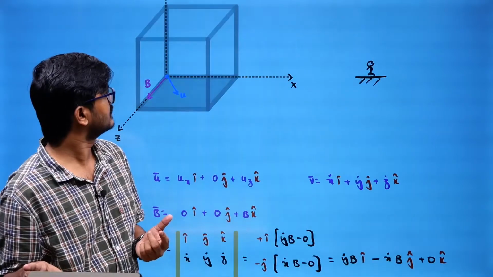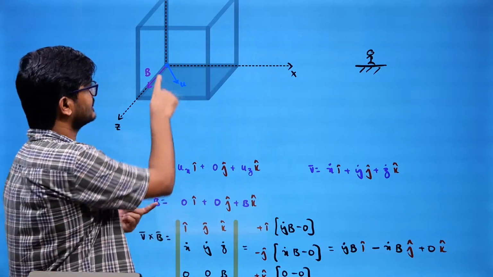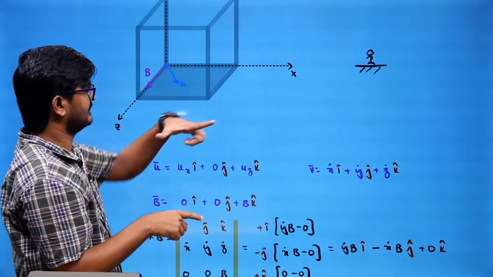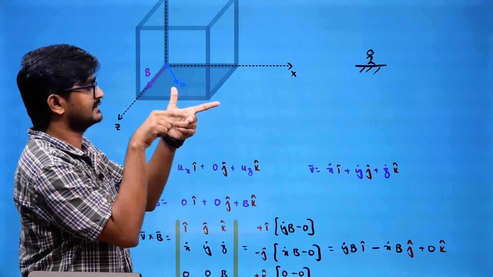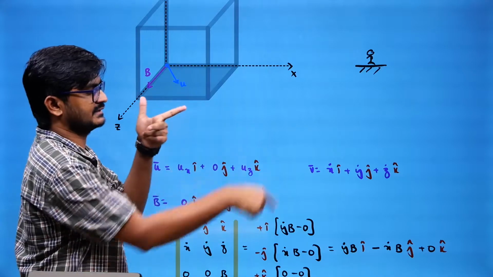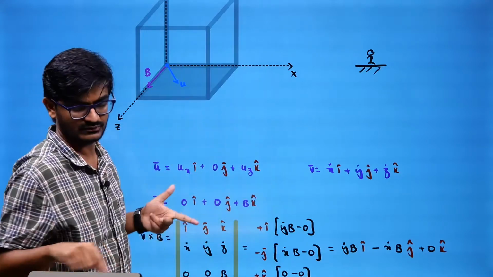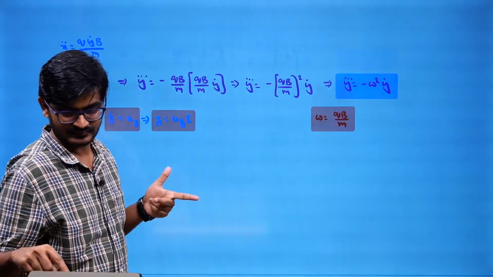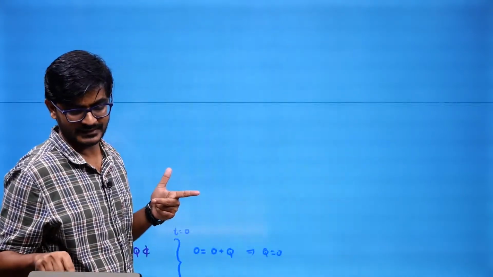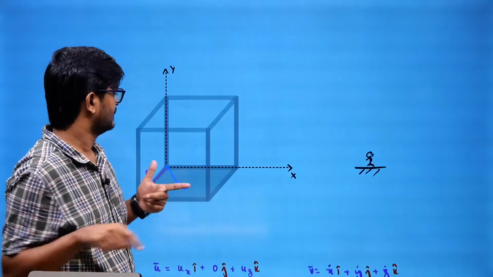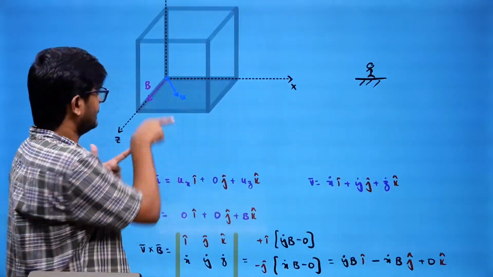So if this is x-axis, this is y, and this is z, then it will be performing circular motion like this with radius r. But what is r? r is m into ux by qb, where ux is this one.